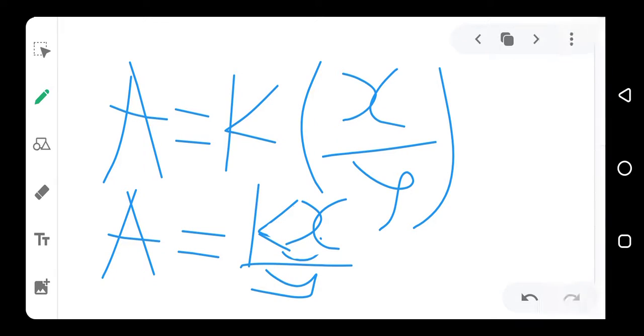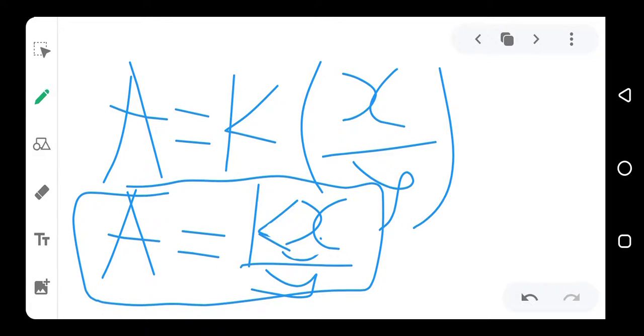So put the value of A and put the value of X and put the value of Y, and then we look for the one that is not known, which is K. Then when we get the value of K, we substitute into that same formula, and that will give us the equation connecting the variables.